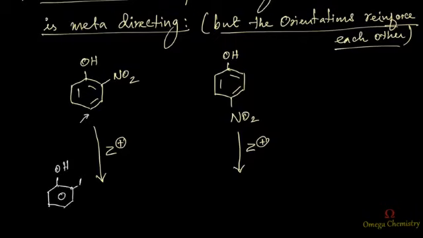So this will be the major product. When it comes to the second one, here the OH group will direct to the ortho position because the para position is already occupied, and this position is meta to the nitro group. So the incoming group Z will attach meta to the nitro group, which is ortho to the OH group. So this will be the major product.